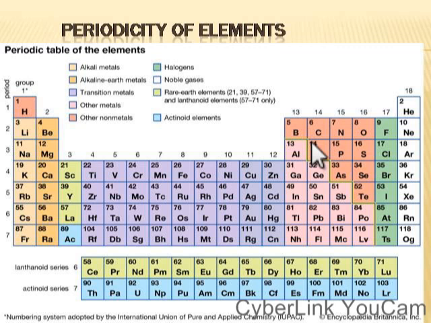When you are going from left to right across the period, metallic character decreases.